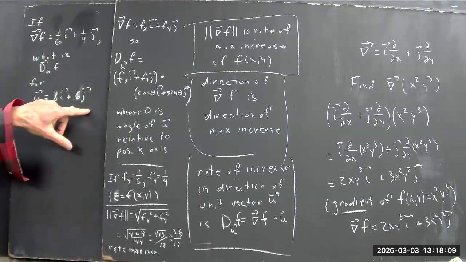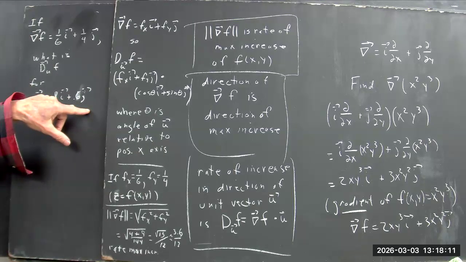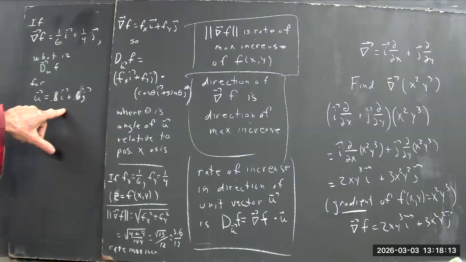Can you read that? 0.8i plus 0.6j. What angle does u make?